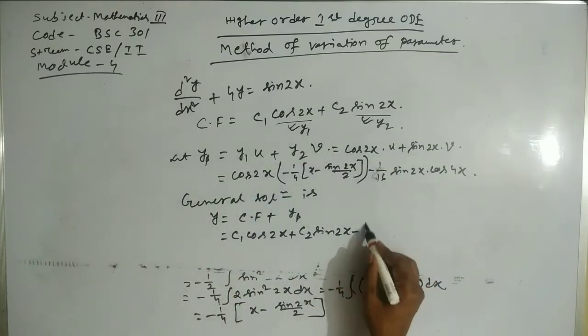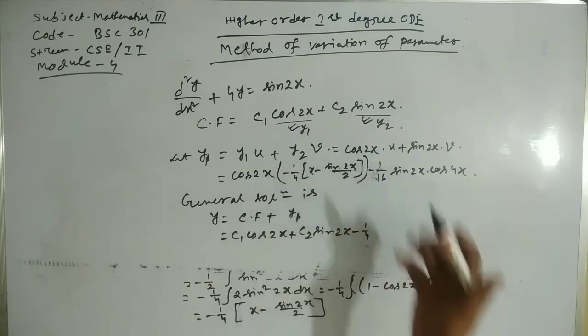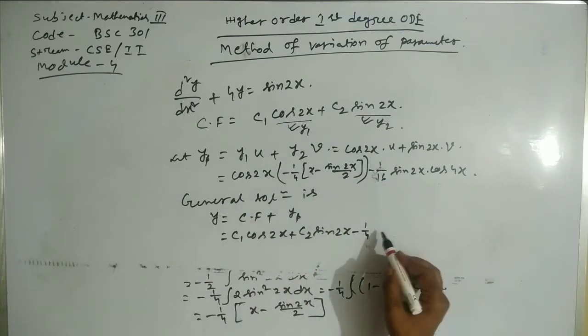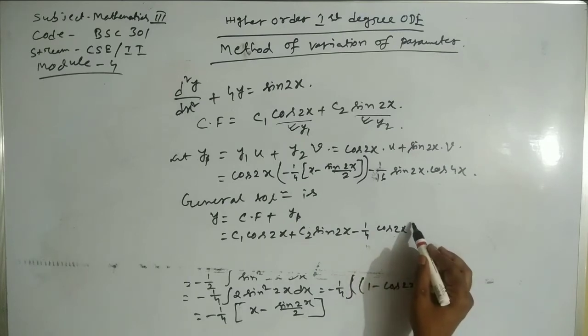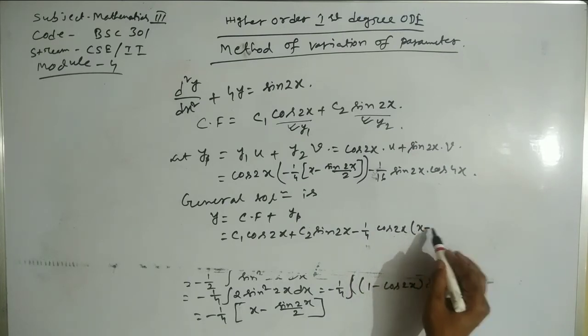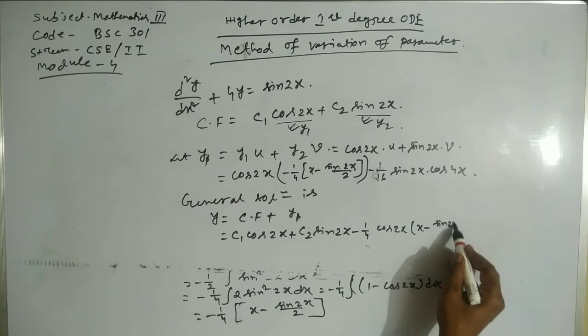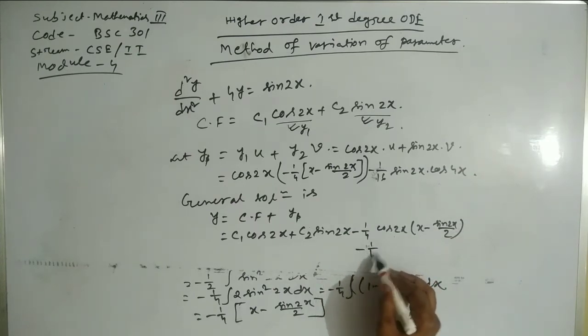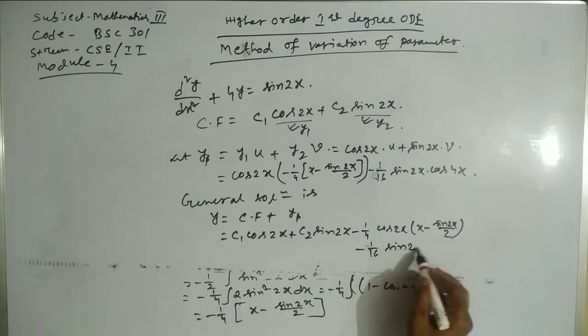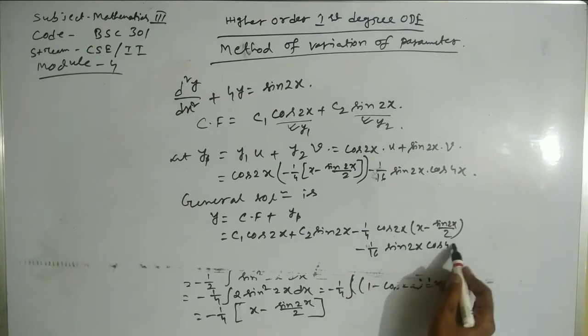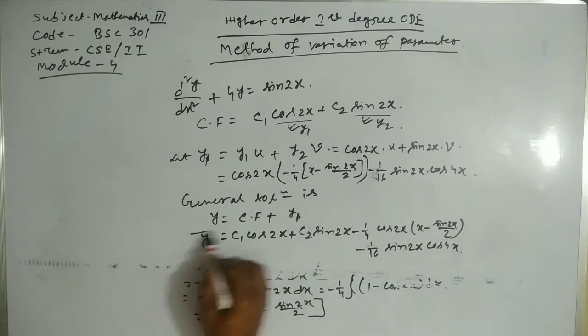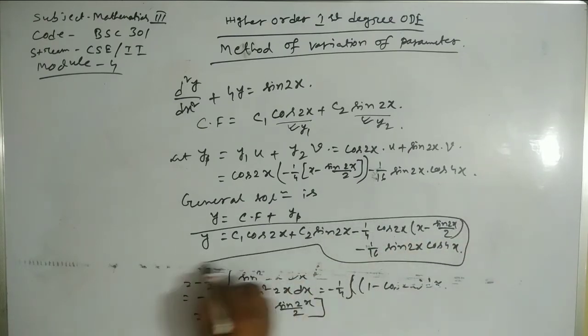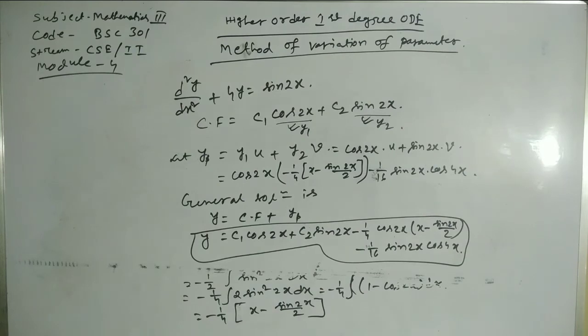So, I am writing by simplifying, minus 1 by 4 cos 2x into x minus sin 2x by 2, minus 1 by 16 sin 2x cos 4x. So this is the required general solution. Okay. So this was the method of variation of parameter.